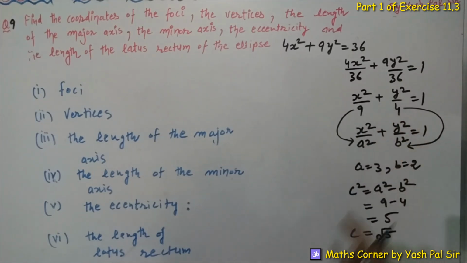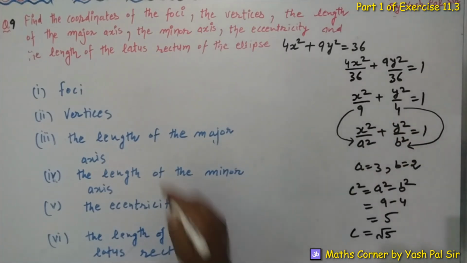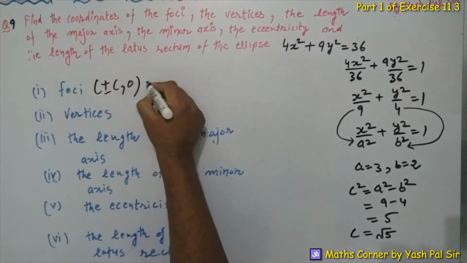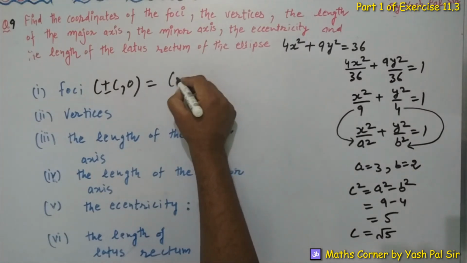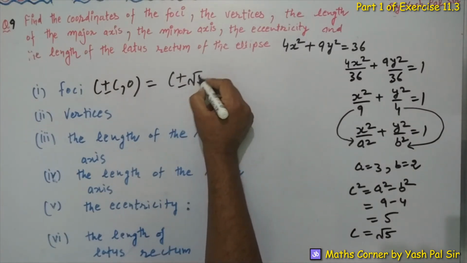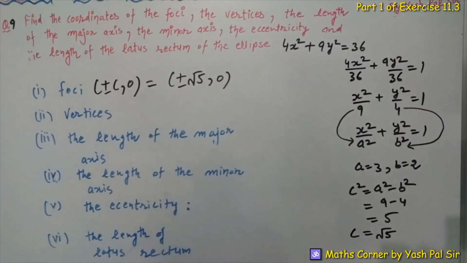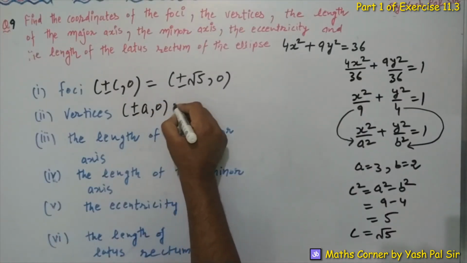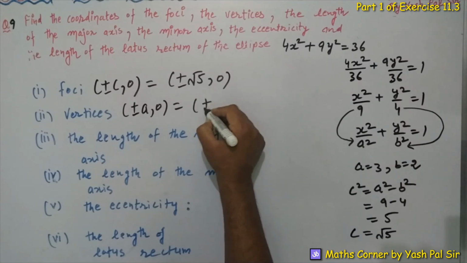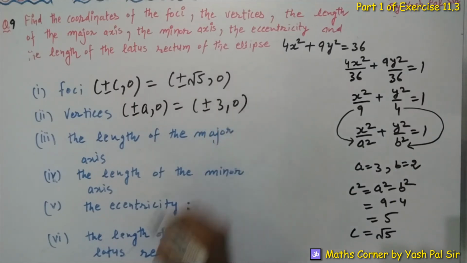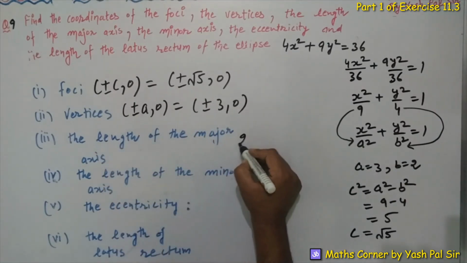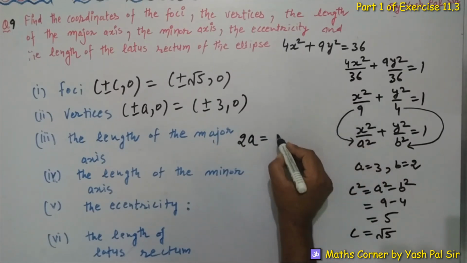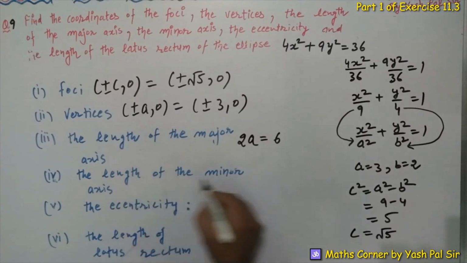Now x square upon a square plus y square upon b square is the form. So foci will be plus minus c comma 0, which becomes plus minus square root of 5 comma 0. Vertices are plus minus a comma 0, that is equal to plus minus 3 comma 0. Length of major axis 2a is equal to 2 into 3, 6.